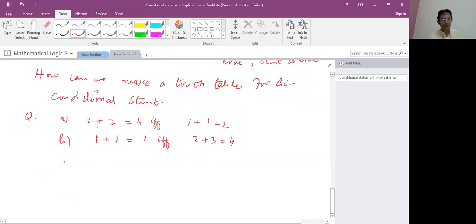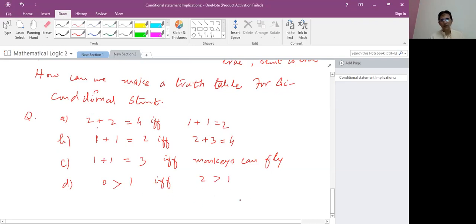Now the third statement: 1 plus 1 is equal to 3 if and only if monkeys can fly. Now the fourth statement: 0 is greater than 1 if and only if 2 is greater than 1.